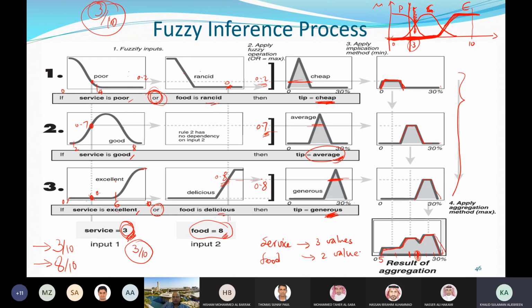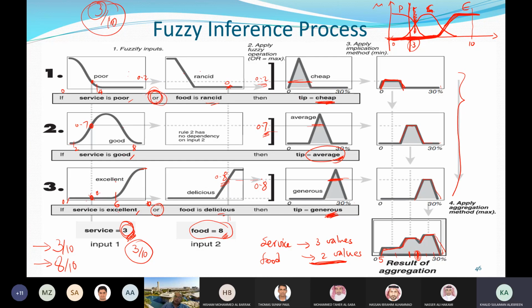So how many rules can we develop? These are the inputs, and one has 3 values and the other has 2 values. How many rules can we develop with all combinations?